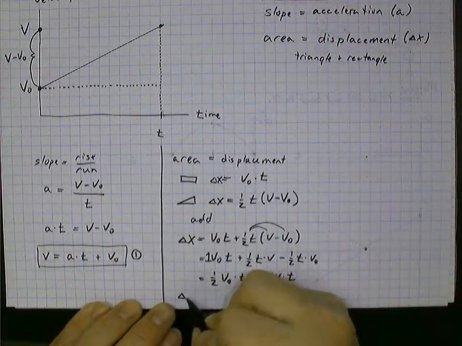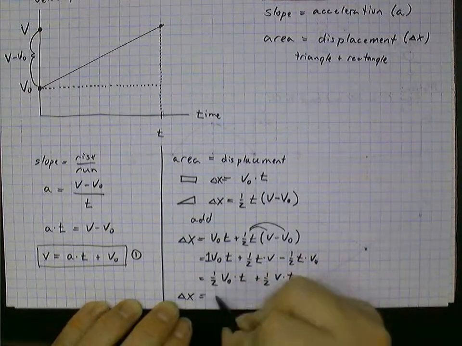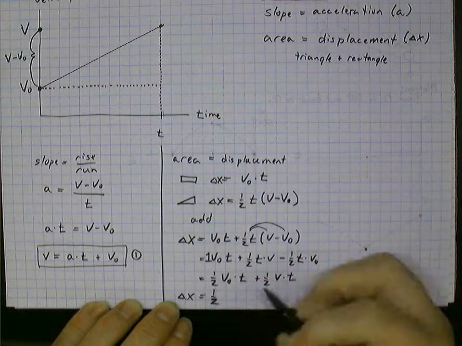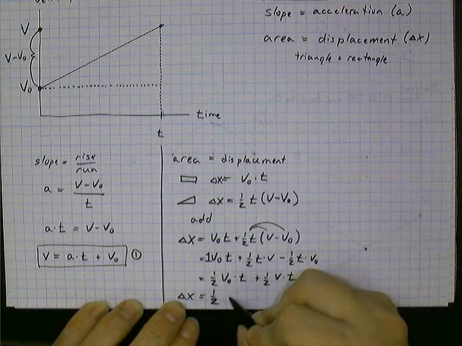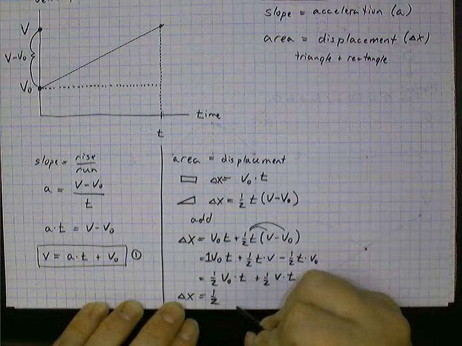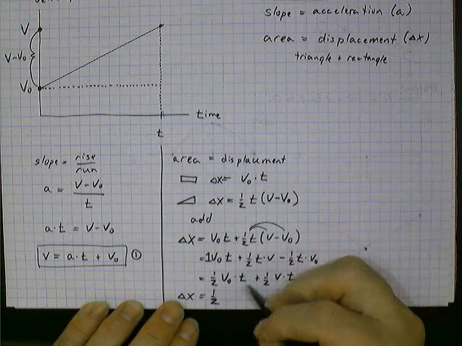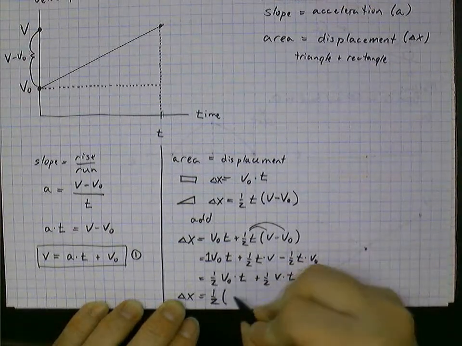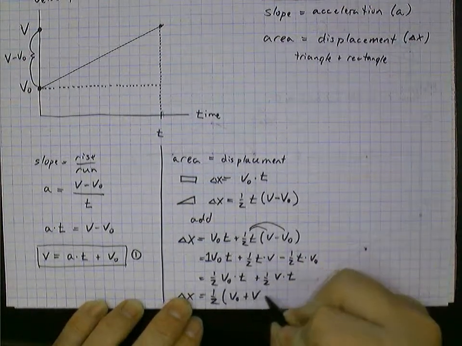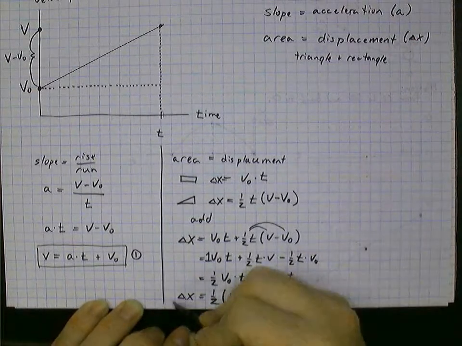And finally, we can use the distributive law again in reverse, and we normally end up writing this equation as 1/2 of v initial plus v times time.